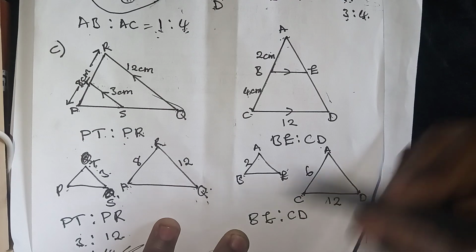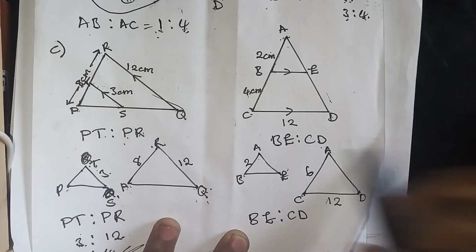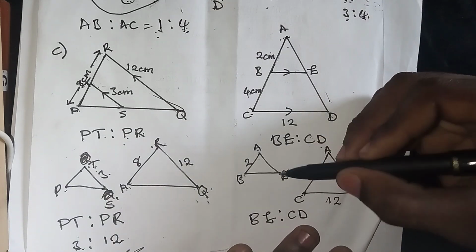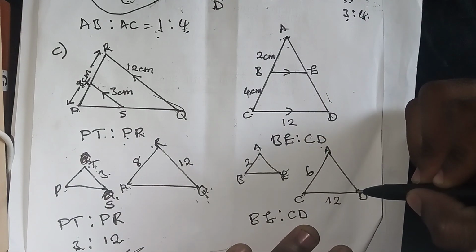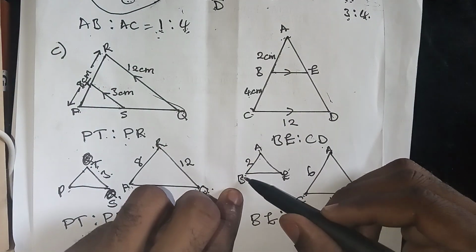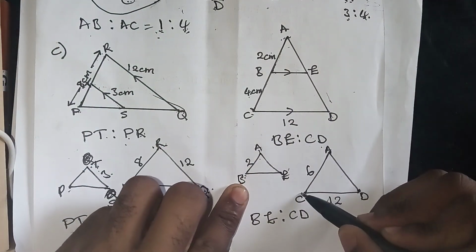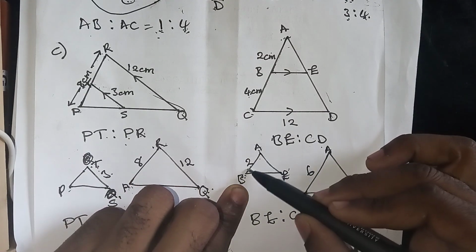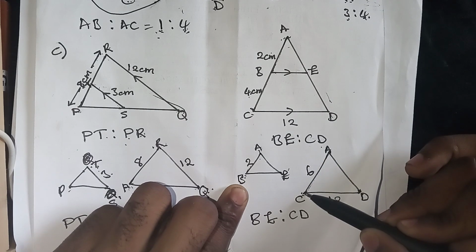So to do that, just find other corresponding sides with known numbers. So I can't use AE to AD because I don't have numbers here, so I'll ignore this one. But I can use AB to AC because they both have numbers and they are corresponding. This is like the smaller version of this.